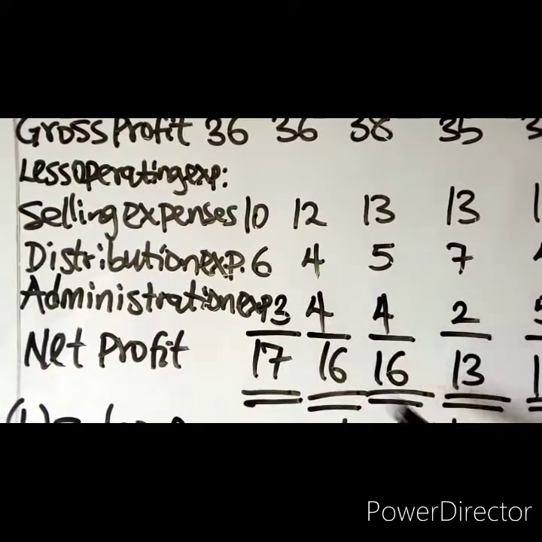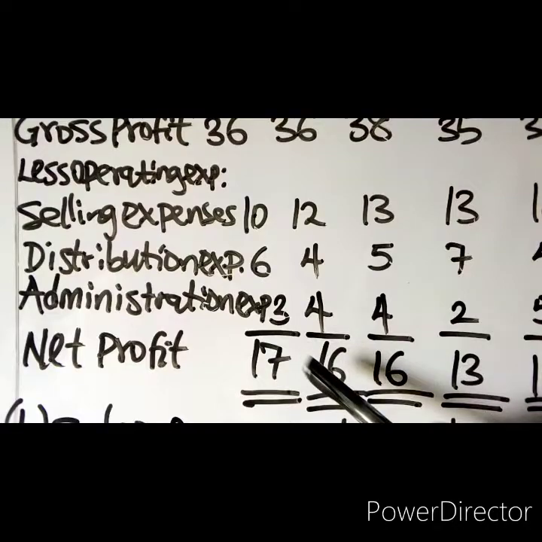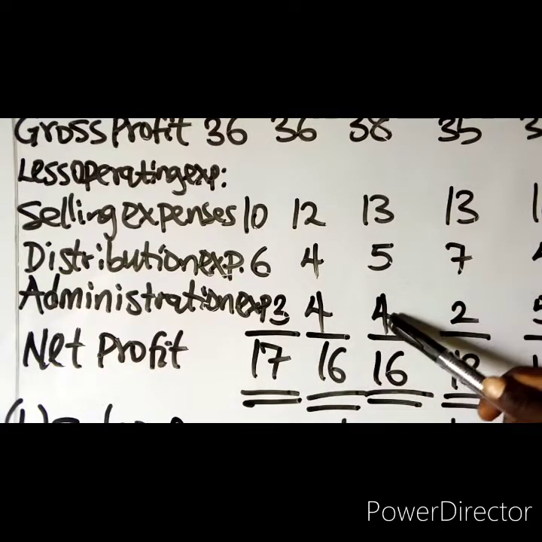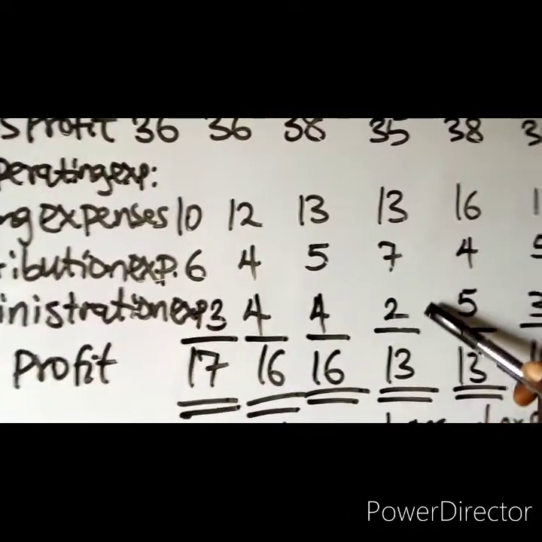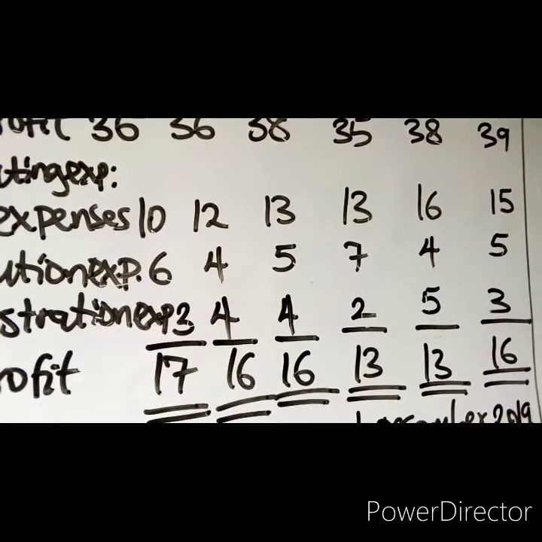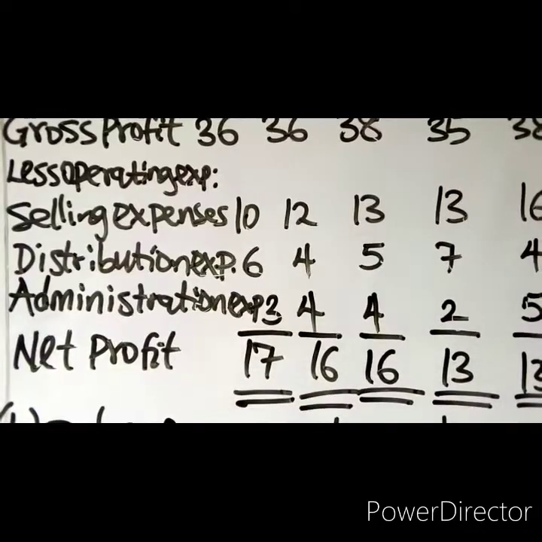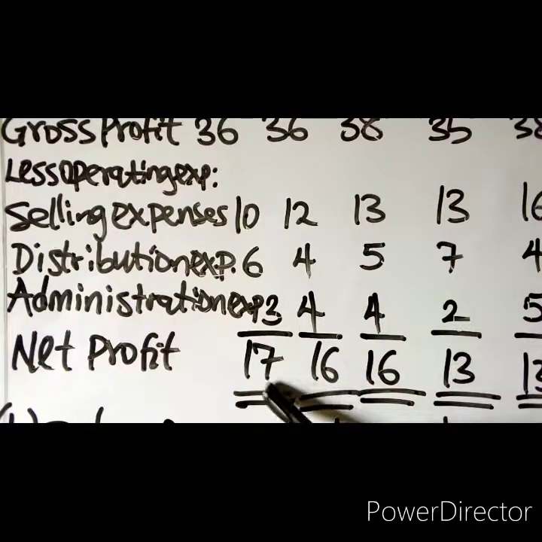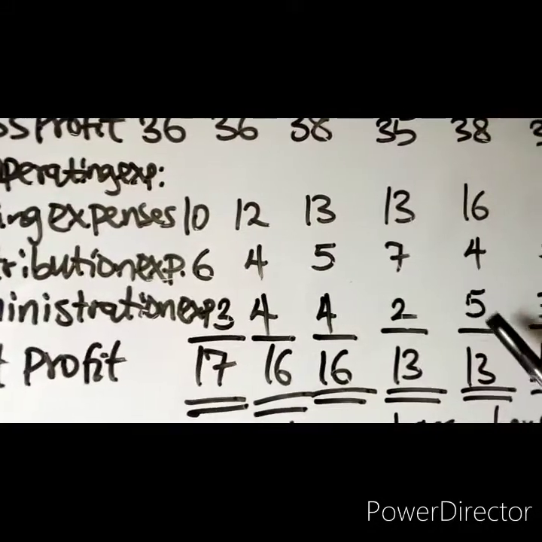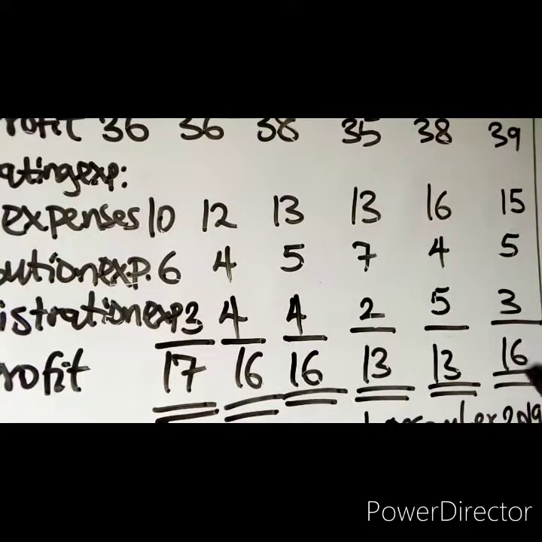Administrative expenses 3,000, 4,000, 4,000, 2,000, 5,000 and 3,000. Then net profit 17,000, 16,000, 16,000, 13,000, 13,000 and 16,000.